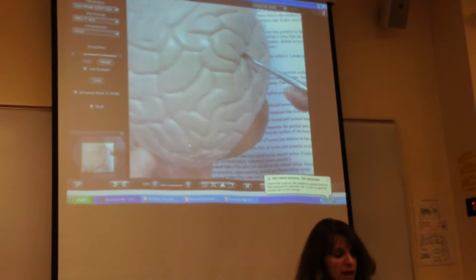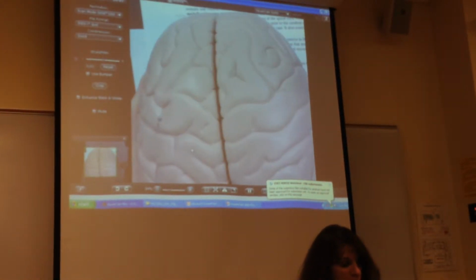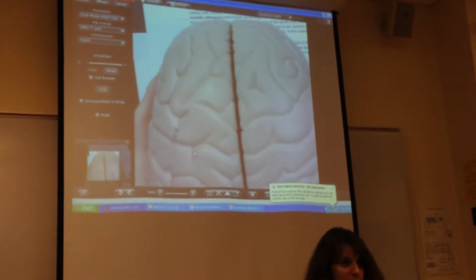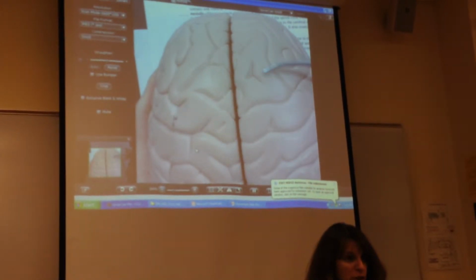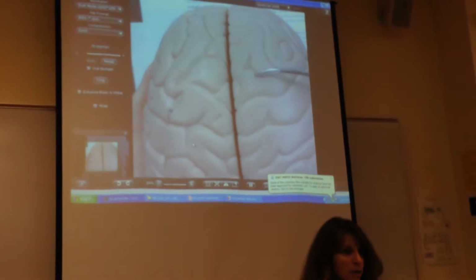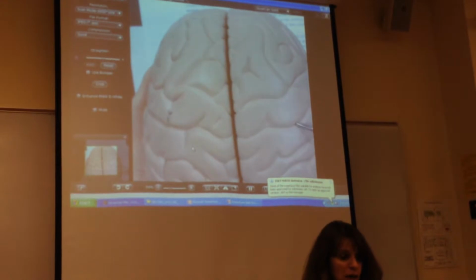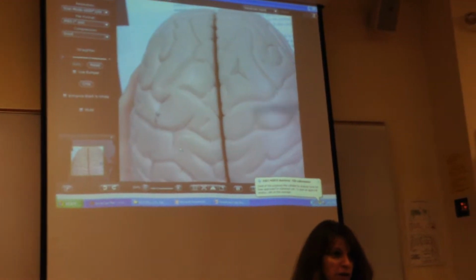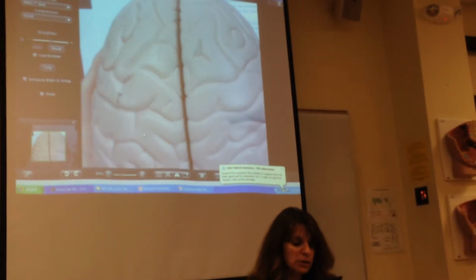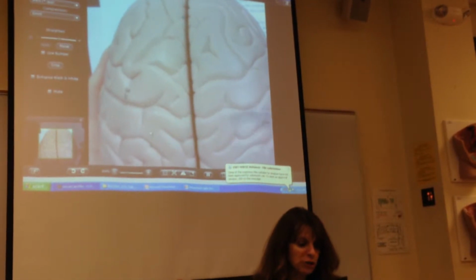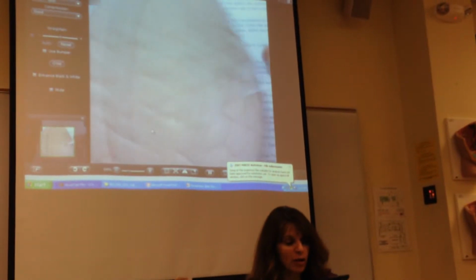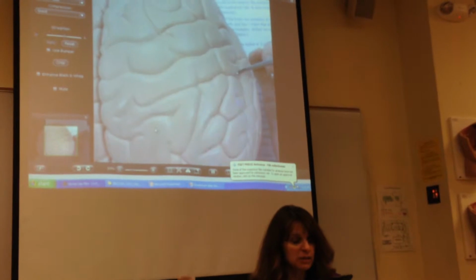Lateral sulcus. And what was this sulcus here in the middle? Central sulcus, between the frontal lobe and parietal lobe. And what was this gyrus here? Precentral gyrus, and this one? Postcentral gyrus, going all the way down to the sides.